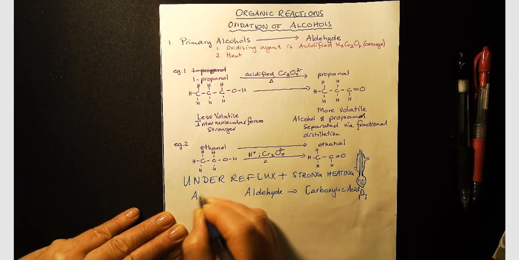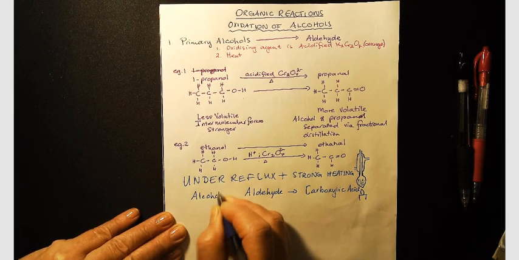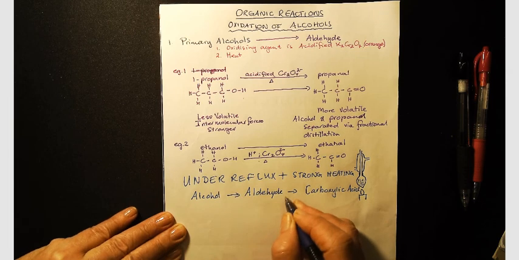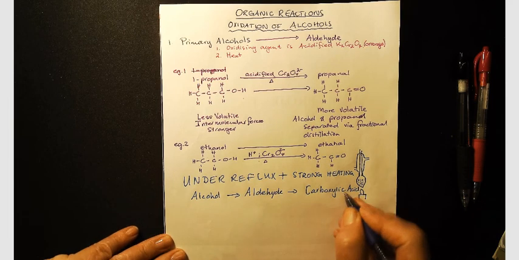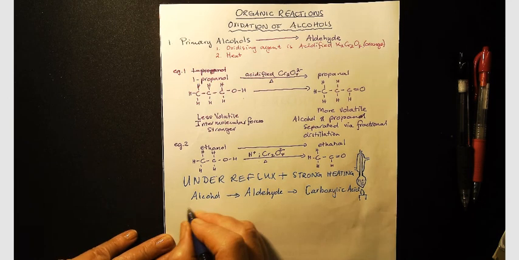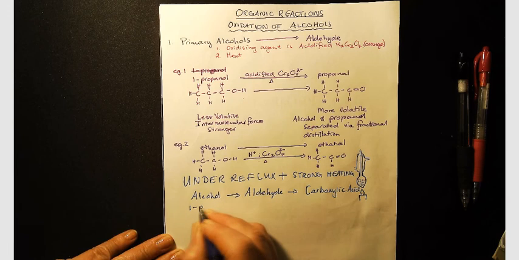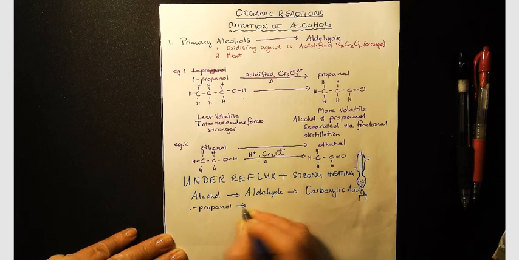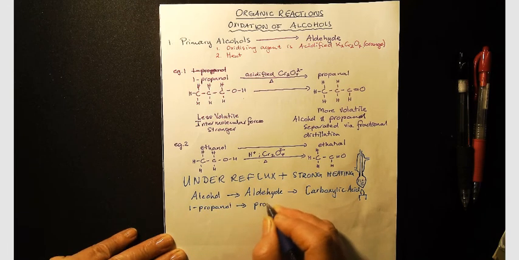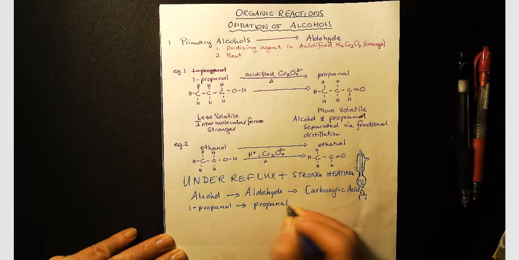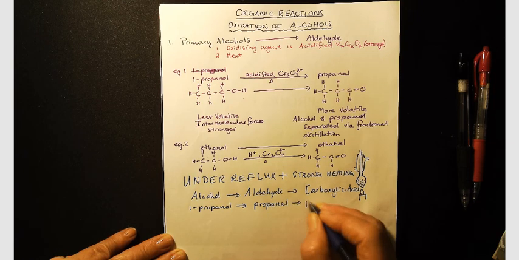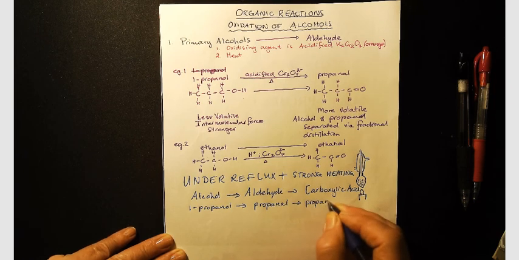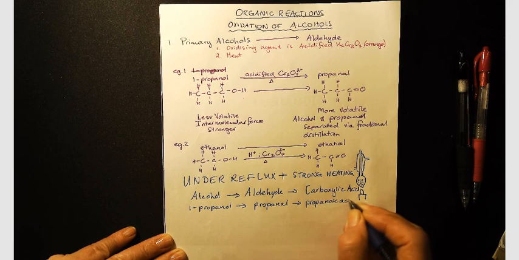An alcohol will turn into an aldehyde and under reflux conditions turn into a carboxylic acid. So 1-propanol turned into propanal, which will turn into propanoic acid.